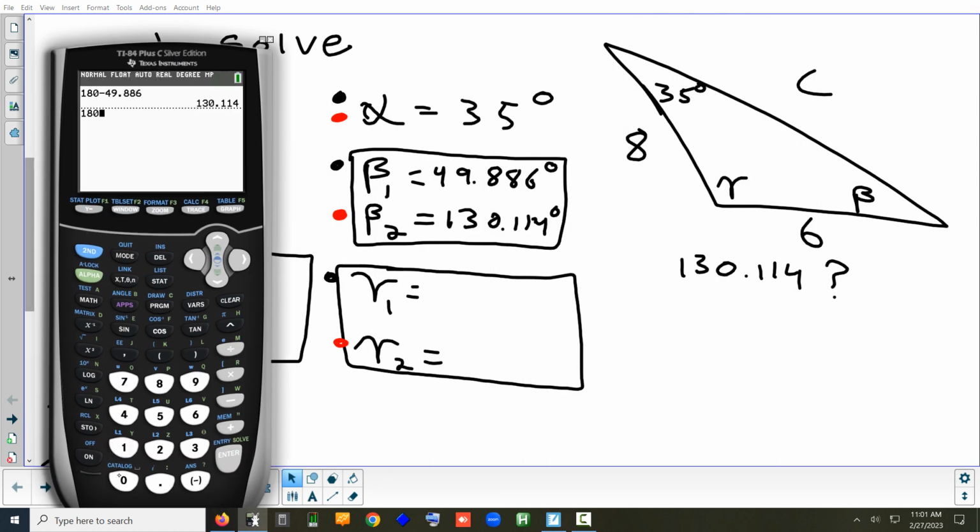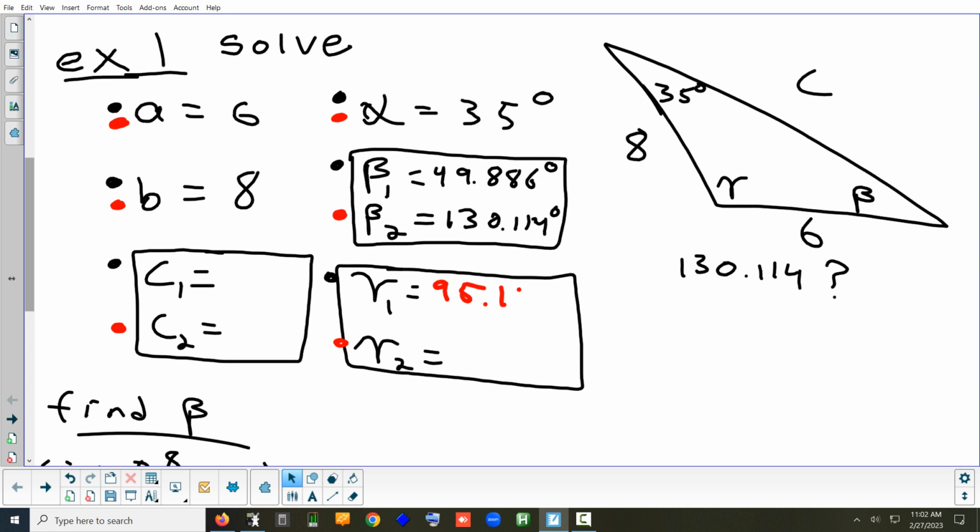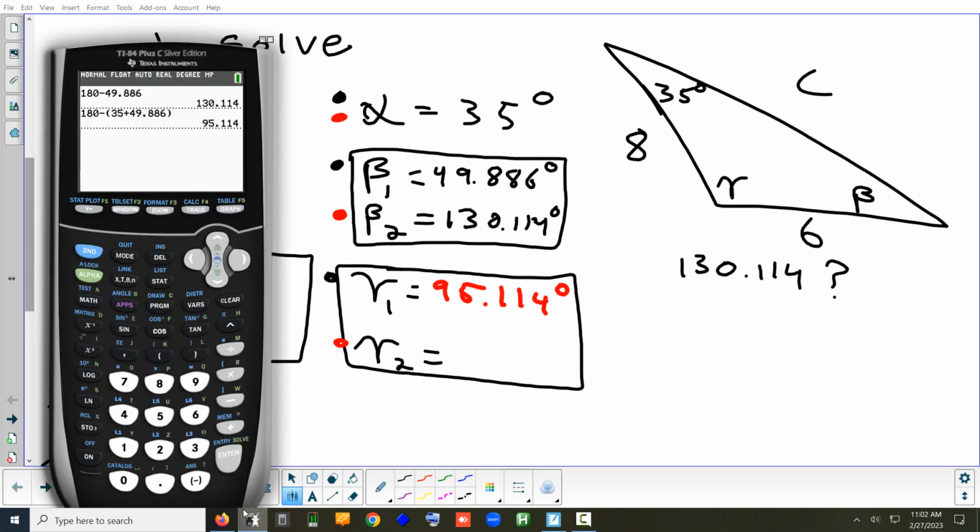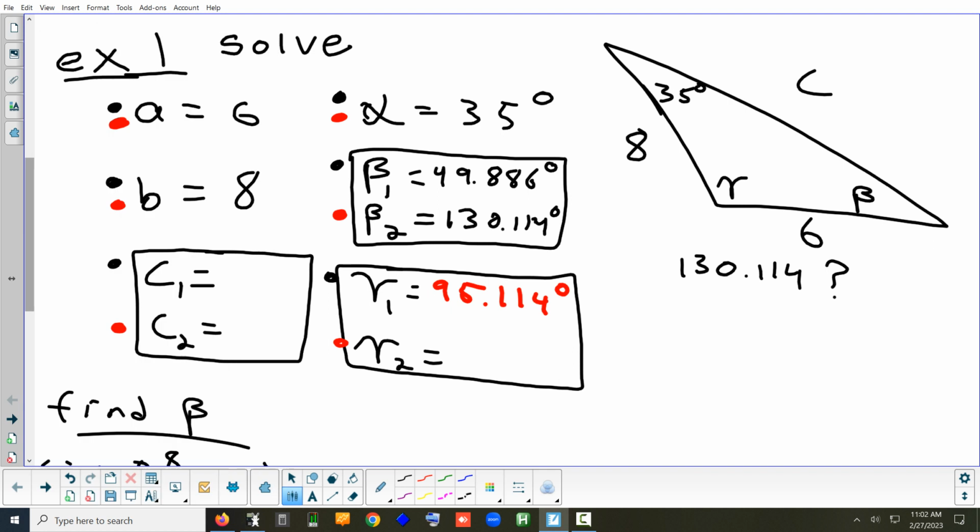So we're going to take 180 and we're going to subtract the 35 plus the 49.886. So that gives me 95.114.